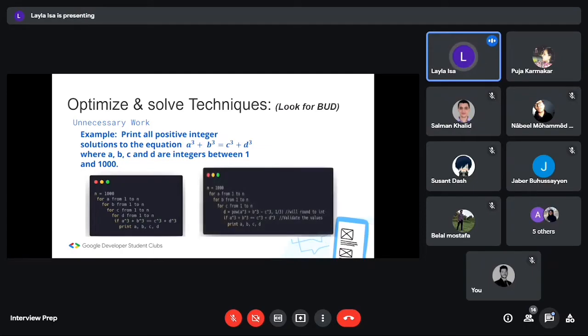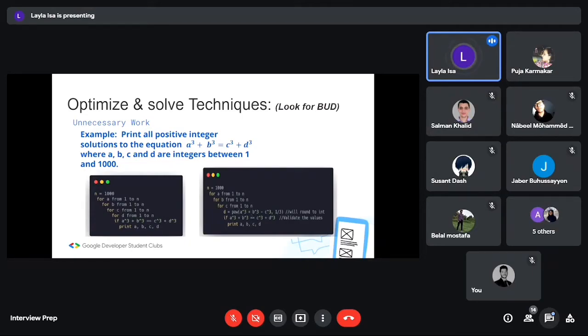So what we can do is replace the last loop: d equals the cube root of a cube plus b cube minus c cube. It doesn't matter how we found this step.